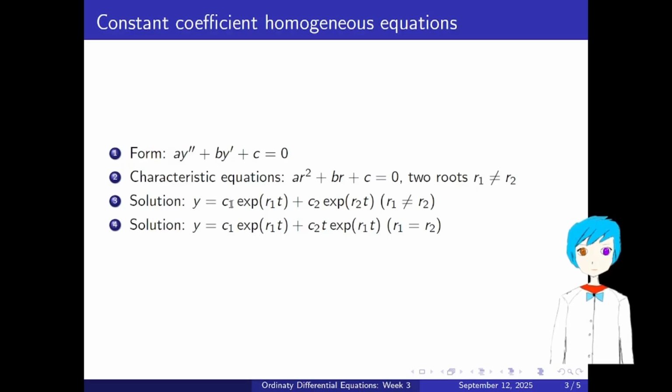This is the general solution, c1 times e to the power r1t plus c2 times e to the power r2t. However, if r1 equals r2, then the general solution looks like this: c1 times e to the r1t plus c2t times e to the r1t, because r1 equals r2. So this is the case when the coefficients are constant and the right-hand side is 0.